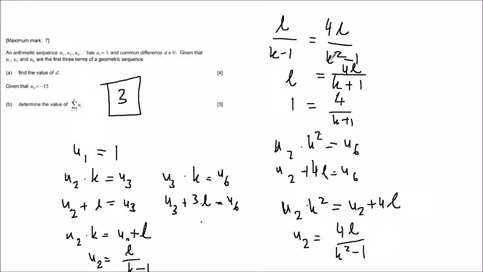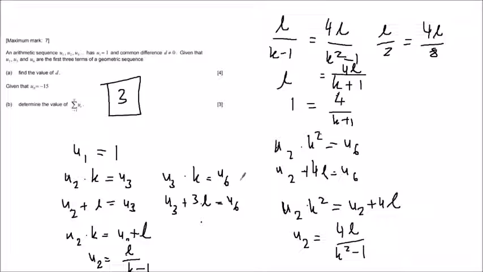And now we can plug it in to solve for L. So 3 squared minus 1, I just did something and it worked. 3 minus 1, that's 2, so L over 2 is going to be 4L over 8, and that's obvious though. That doesn't solve anything. u2 is equal to L over 2. 4L over k squared, so that's L over 2 as well.